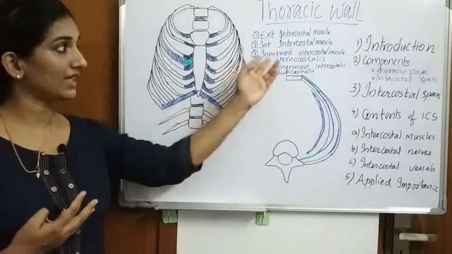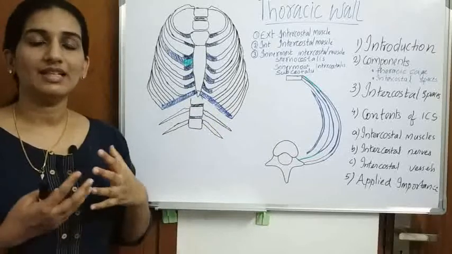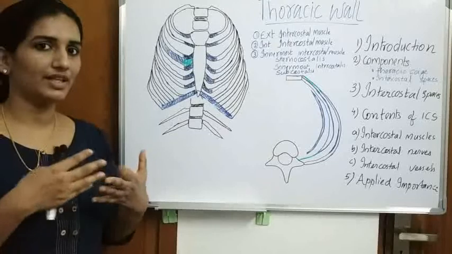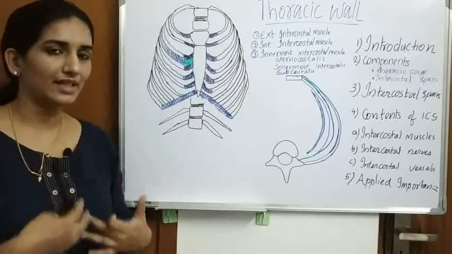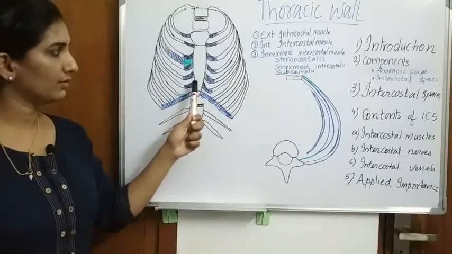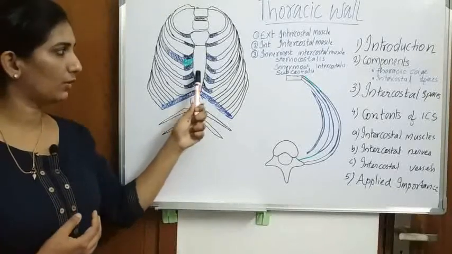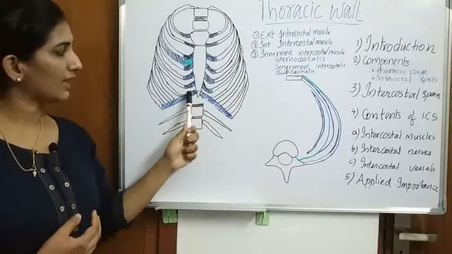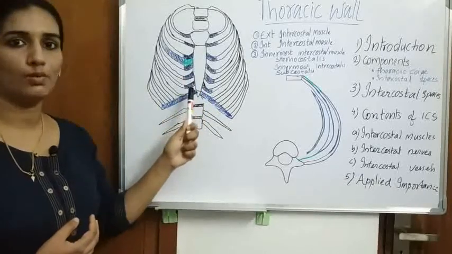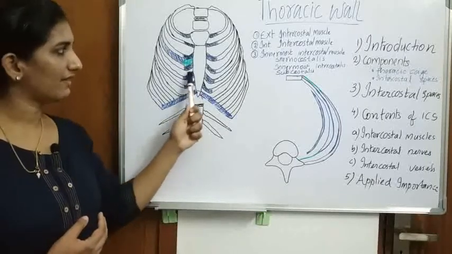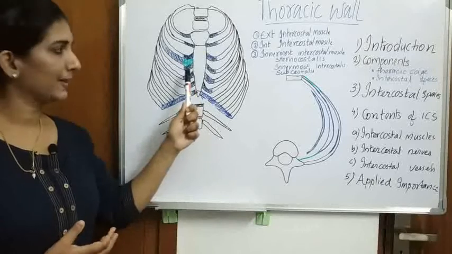The innermost intercostal muscle is a discontinuous muscle, and it is divided into three parts. The anteriormost one is the sternocostalis, which takes origin from the posterior aspect of the lower part of the sternum, the xiphoid process, and also from the lower costal cartilages of the 7th to 4th ribs.